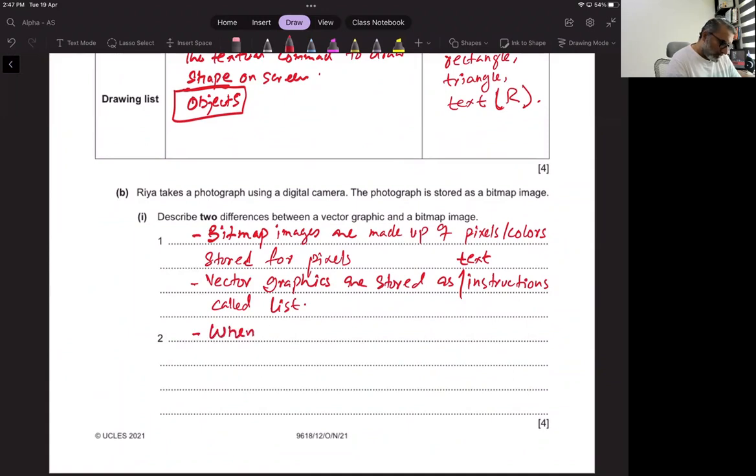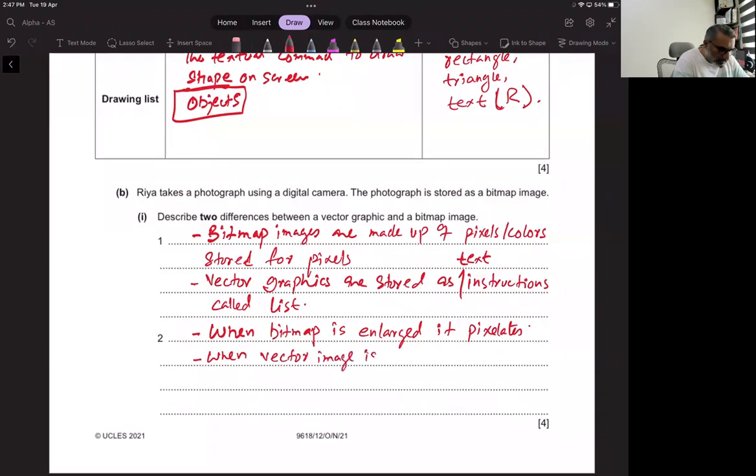When a bitmap is enlarged, it pixelates. When a vector image is enlarged, it does not pixelate.